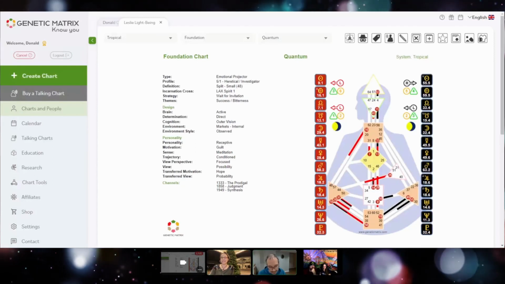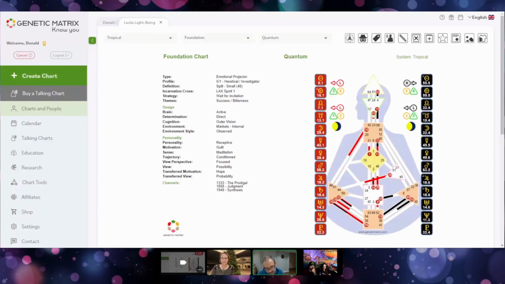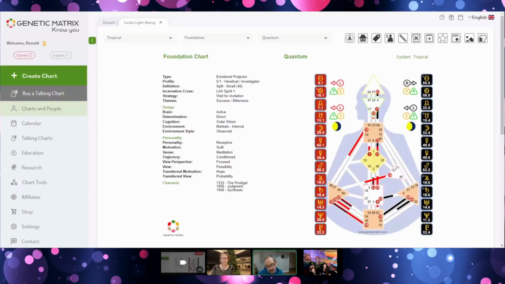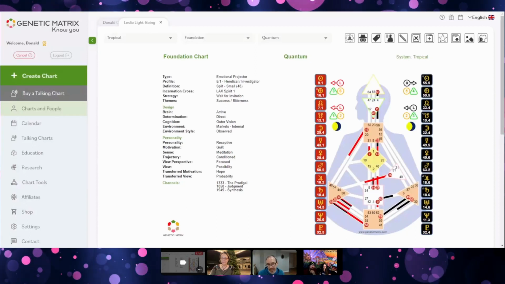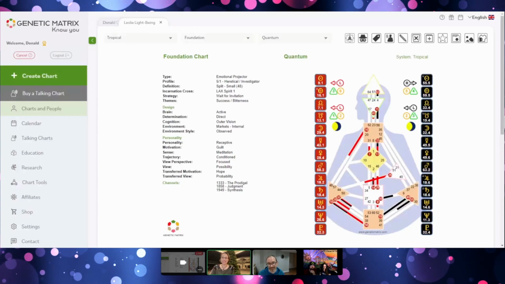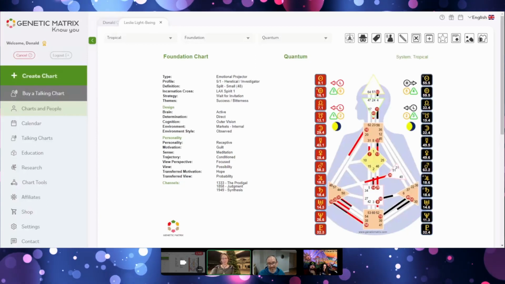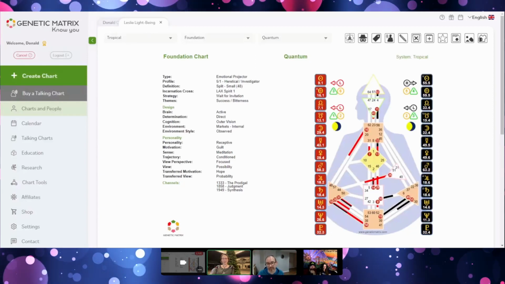The 16 line value is illusion, which is the expression of talent through daydreaming. Express your talent through daydreaming. Make sense? Yeah, I would say yeah.